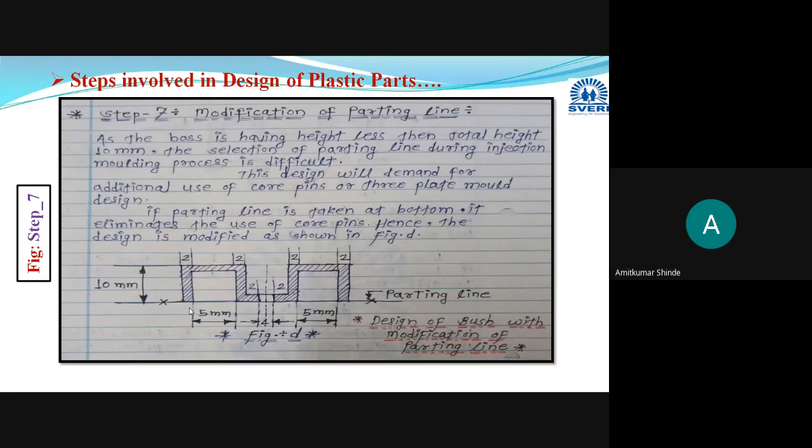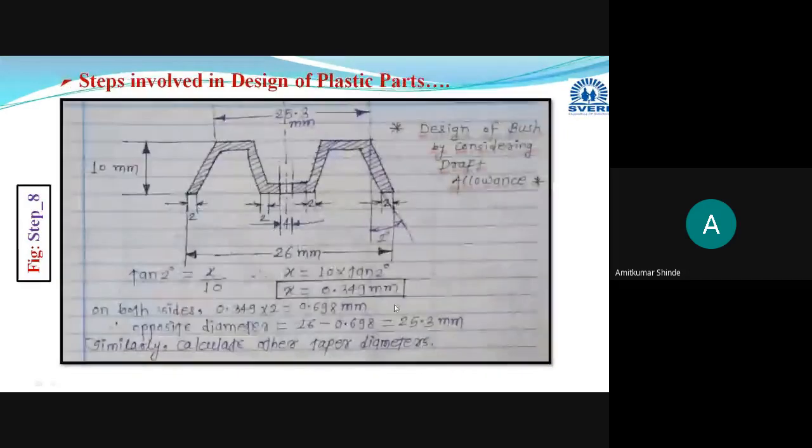Some draft or taper you have to provide on the faces which are perpendicular to this parting line, and this design is modified in this way. Here the draft allowance you can consider within the range of half a degree to 3 degrees. Here we have considered a 2 degree draft.